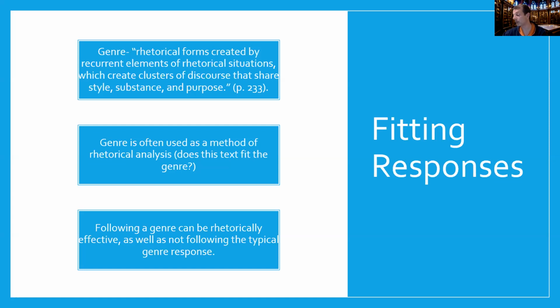Okay. All right. Fitting response. So this gets into what we call genre analysis. We have all these methodologies for analyzing rhetoric, right? We can analyze a piece of rhetoric under a feminist lens, or under a lens of race and critical race theory, or we can look at a piece of rhetoric under a neo-Aristotelian lens, looking at Aristotle and ethos, pathos, and logos as a way to analyze it.